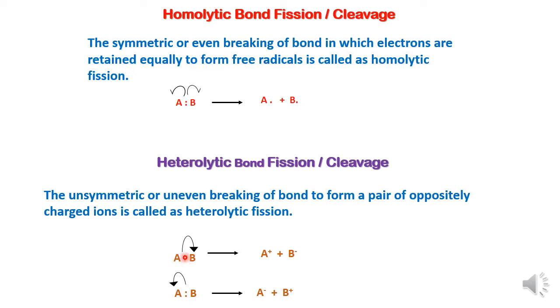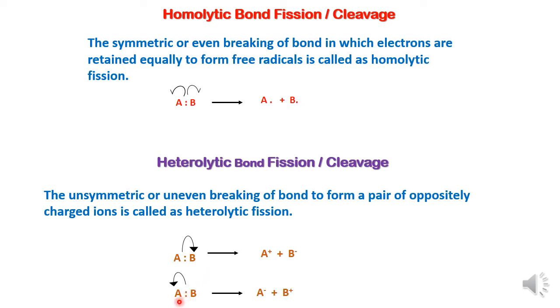Now the bond is broken in a heterolytic way, meaning this electron pair is fully shifted towards B, and that's why after the breaking of the bond we get two different species. They are oppositely charged species, A plus and B minus.